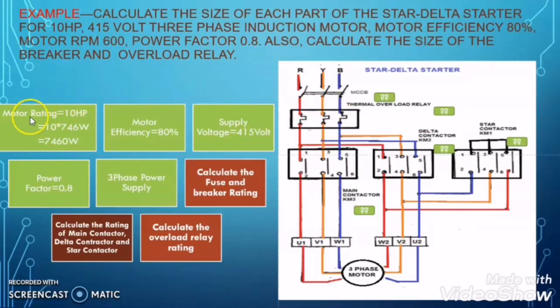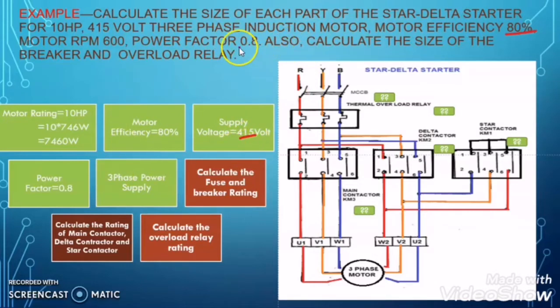Here I tabulated all the information from the question. The motor rating is 10 HP. If we multiply it by 746, then it will be in watts. So motor rating in watts is 7460 watts. Motor efficiency as per the question is 80%. This is a 3-phase motor, so the voltage will be 415 volt.